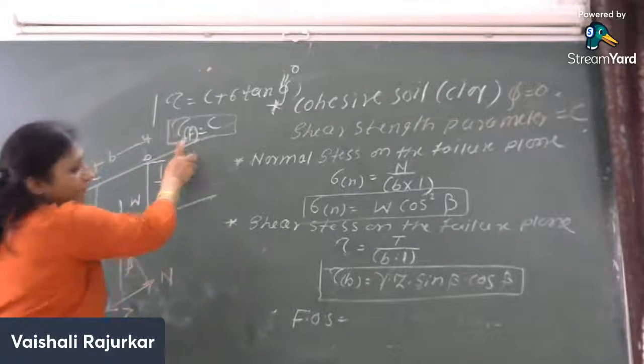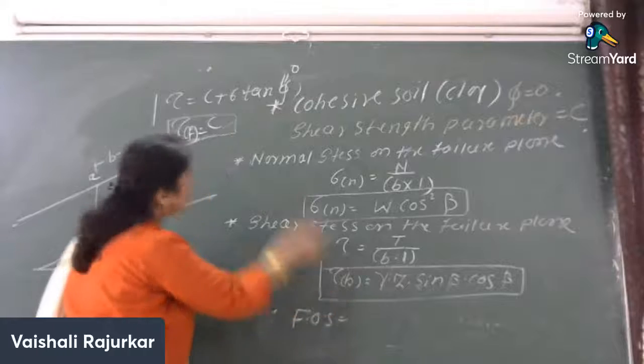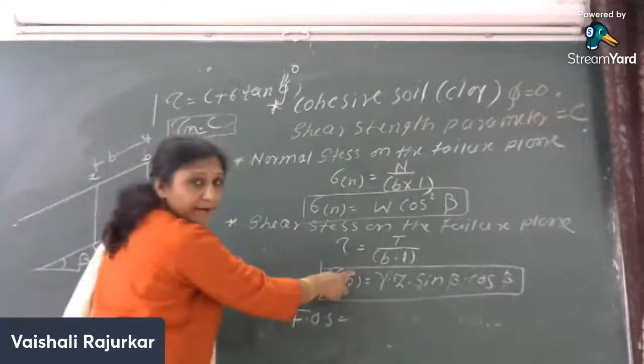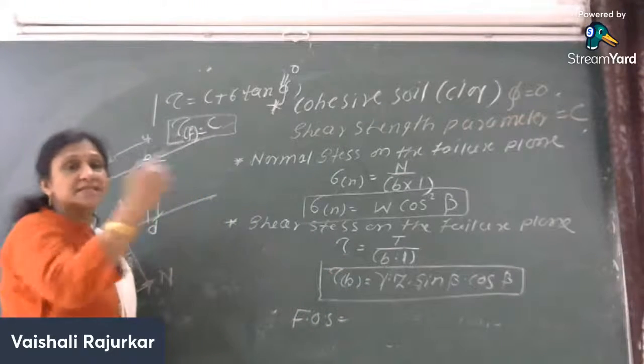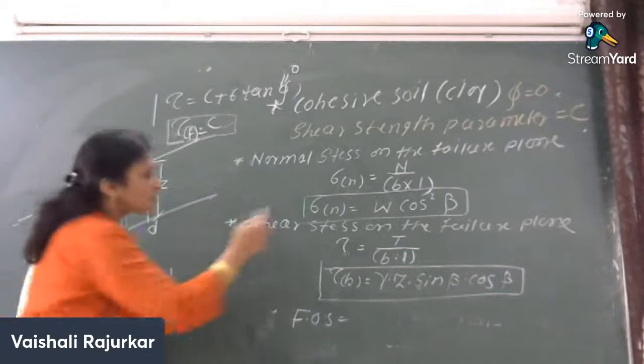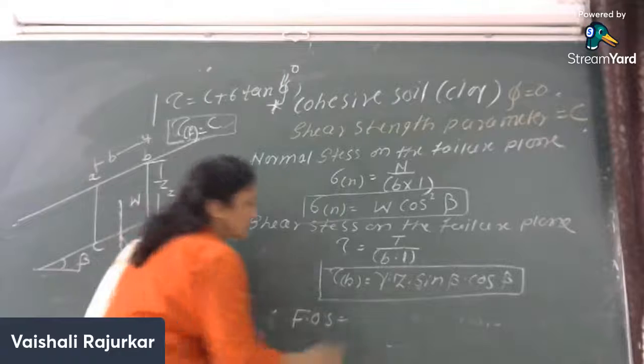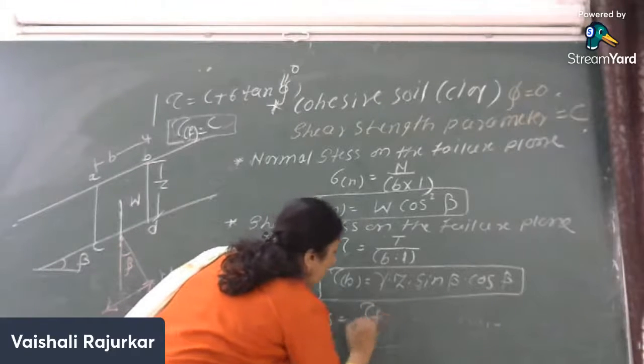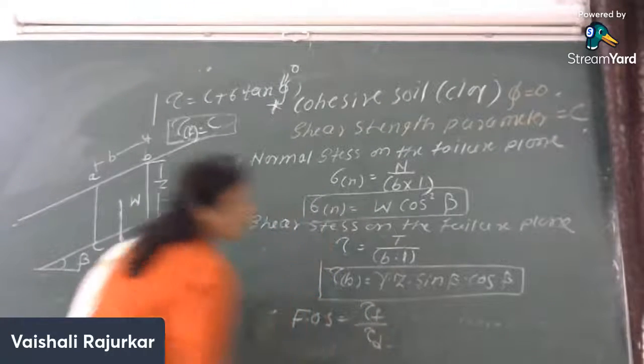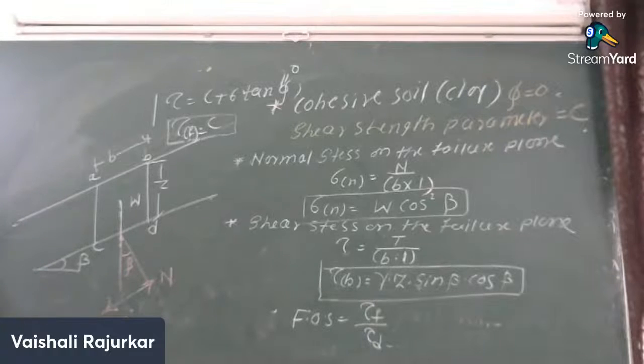This is the strength parameter, this is the stress parameter. So what is factor of safety? Strength divided by stress. Strength is tau f, stress is tau b. So it is tau f upon tau b, that is the shear strength upon shear stress.